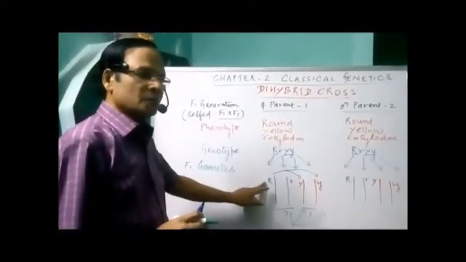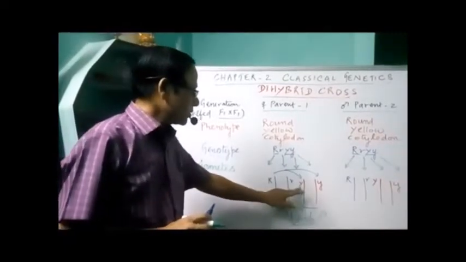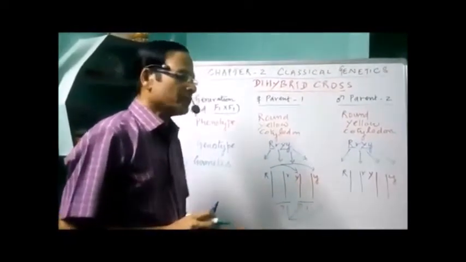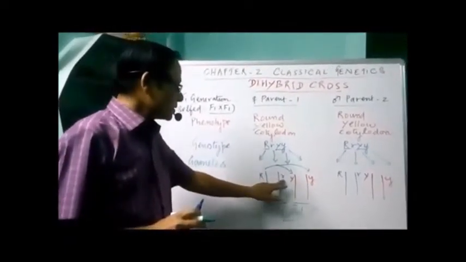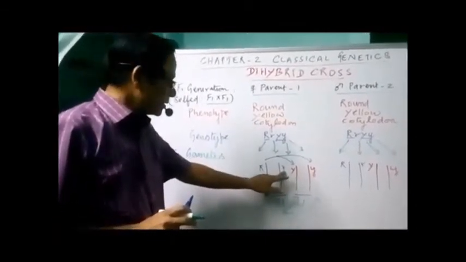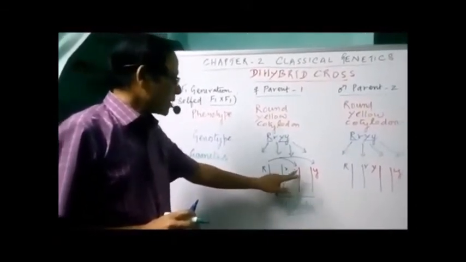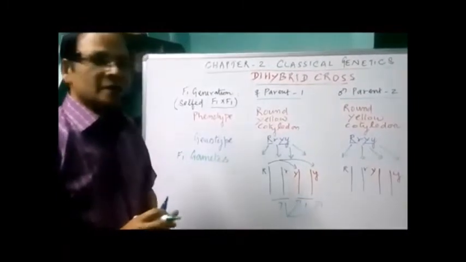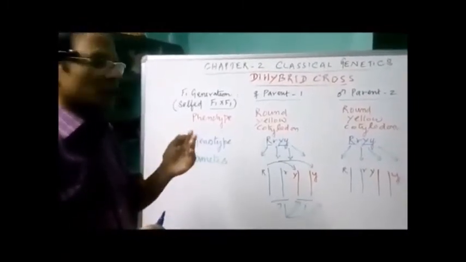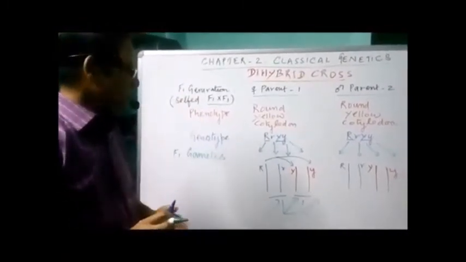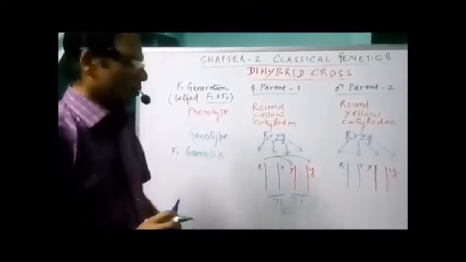Now the R gene, the dominant gene, may combine with dominant Y or the recessive one. Similarly, the recessive gene for wrinkled seed may combine with capital Y or small y. As a result, we receive four different types of gametes. So this is what we call independent assortment.